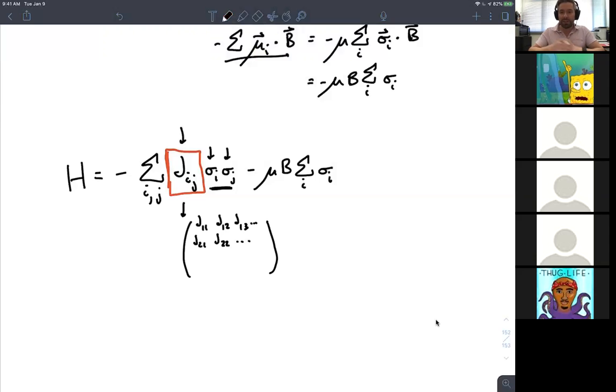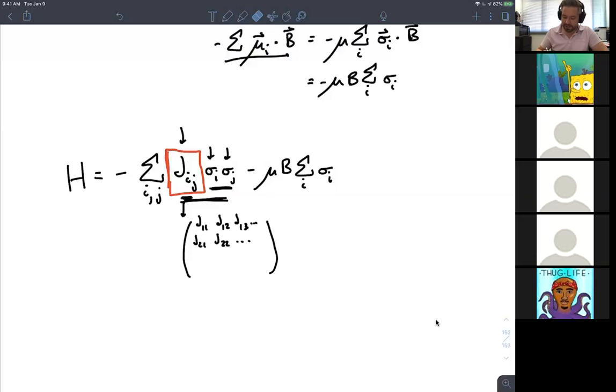And what these numbers represent are essentially the strength of the interaction between the spins. So the bigger the magnitude of this number J, you can just look at it and see, the more this term is going to contribute to the sum. In other words, the bigger J is, the stronger the spins are interacting with one another. So J_ij is essentially an interaction matrix.